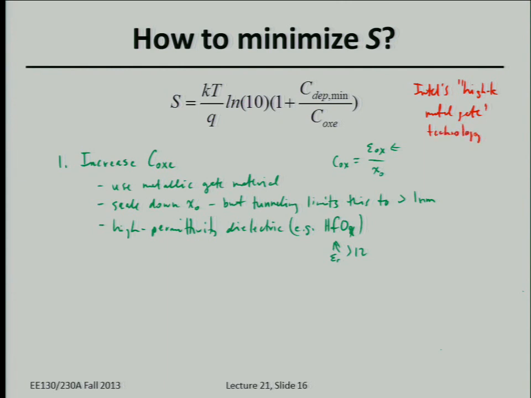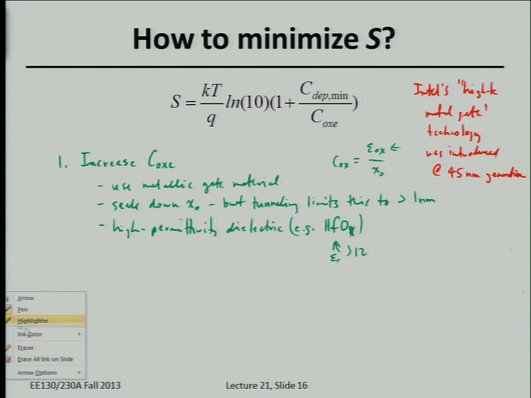They introduced high K and metal gate stacks at the same technology generation. That was introduced at the 45 nanometer generation of CMOS technology. And today we're at 22 nanometer. So that was in the middle of the last decade.